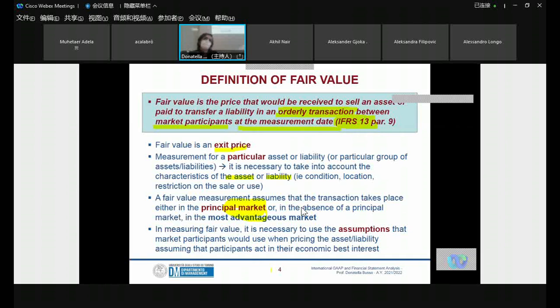I highlighted the seller because generally speaking, it's the seller that can be forced to sell because of regulations or liquidity problems. But it's exactly the same. The buyer and the seller, both, they must be free to put in place the transaction, because if they are free, they agree on a price that is a fair value. Thank you for your question.